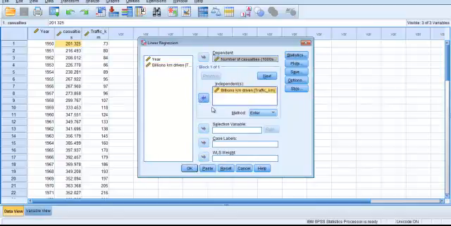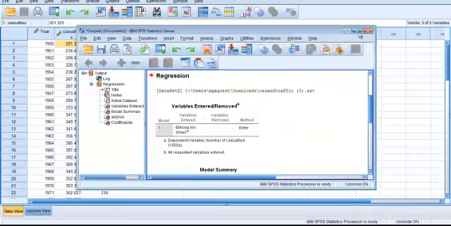Here we're saying that the bottom line is number of casualties. We want to see how many miles driven equals how many casualties. Does the number of miles driven predict the number of casualties per year? And if so, how much of it does it predict? Does it predict like 20%, 100%? And what's happening in that? So we're going to hit OK.